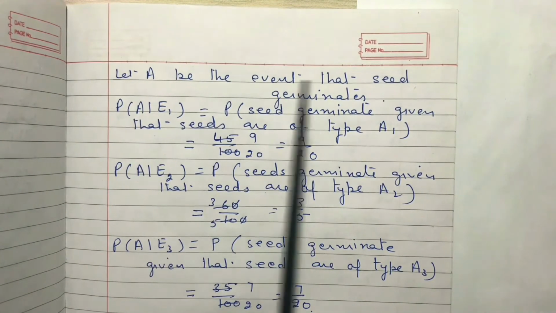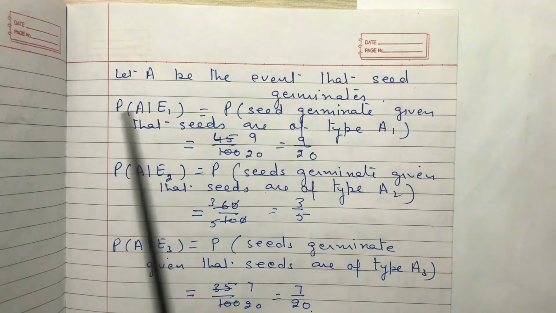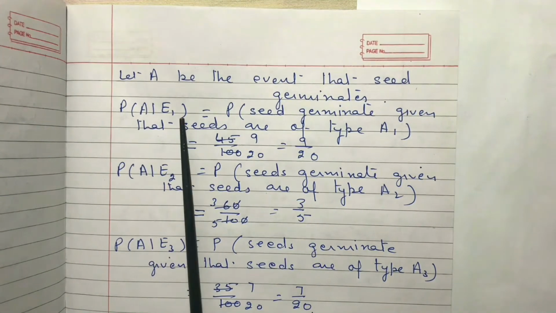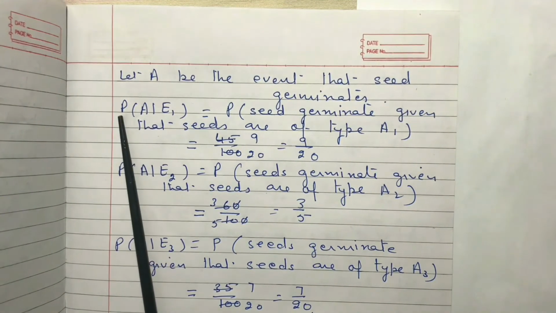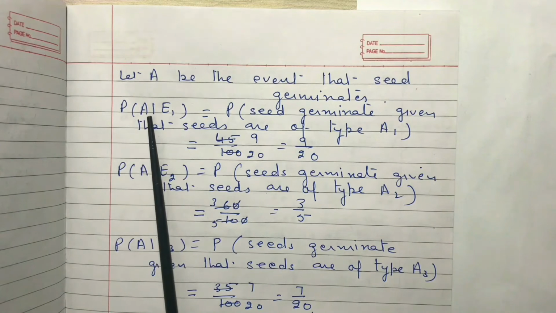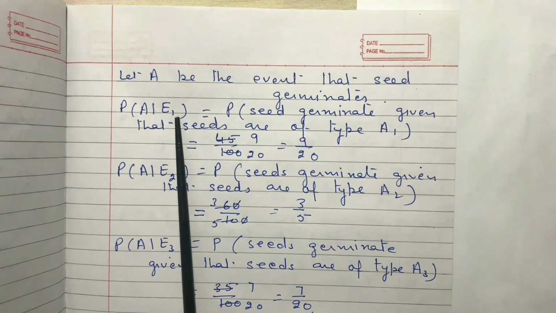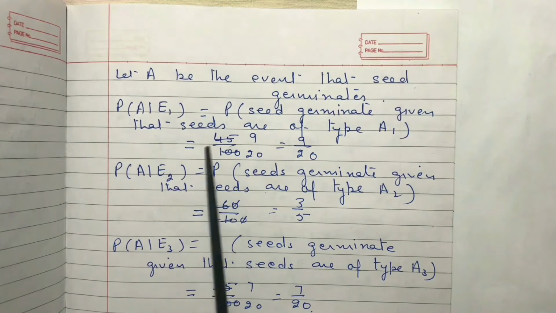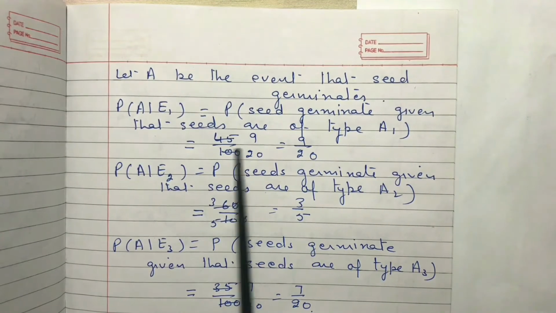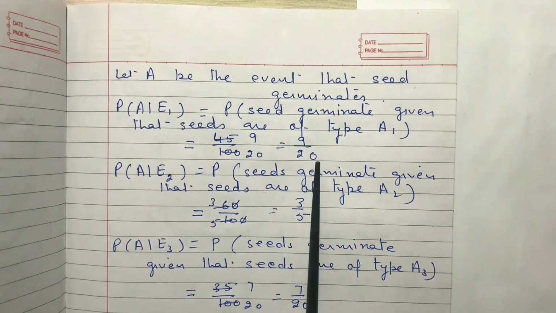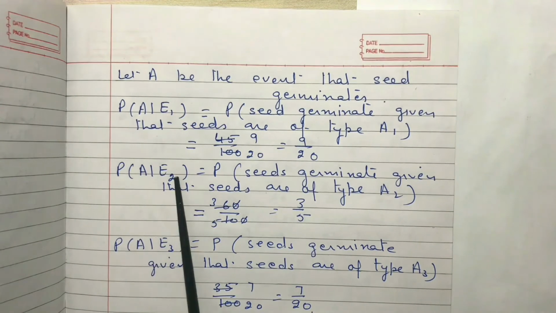Let A be the event that seed germinates. Probability of A given E1. What does it mean? Probability the seed germinates given that seed is of type A1. The probability is equal to 45/100, that is equal to 9/20. Probability of A given E2.